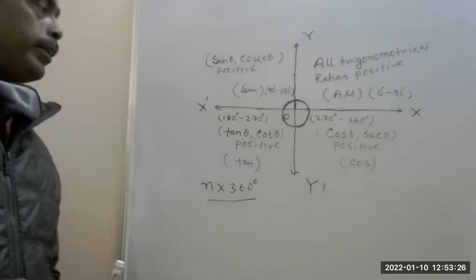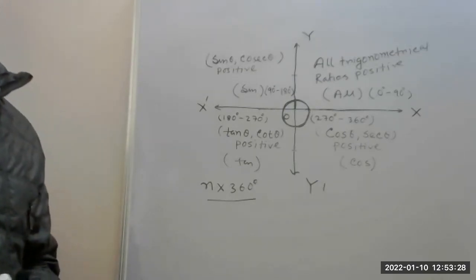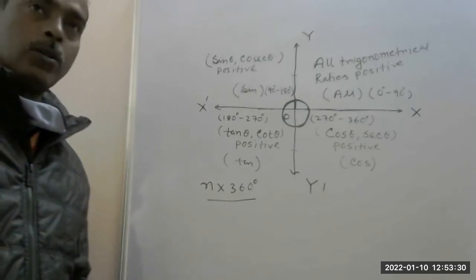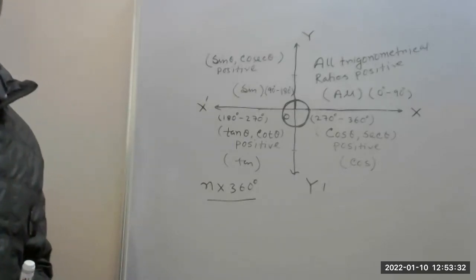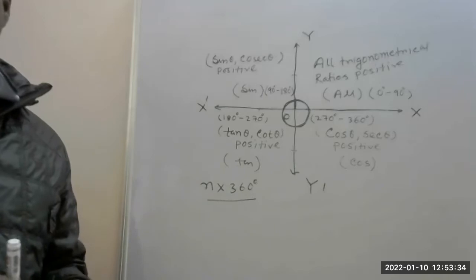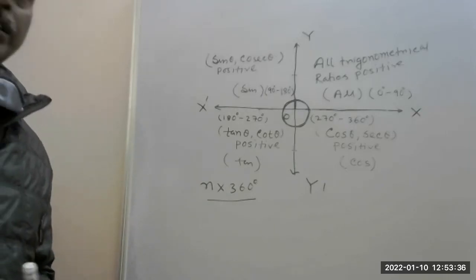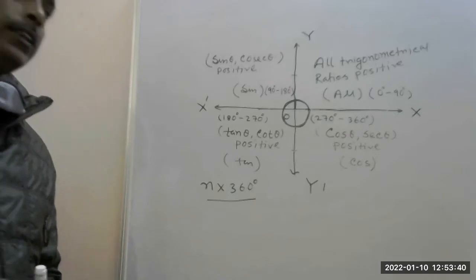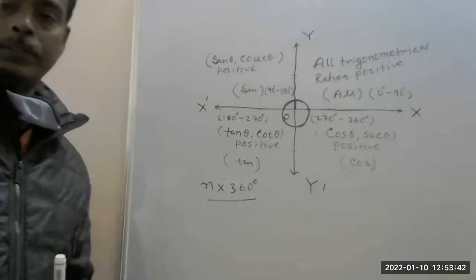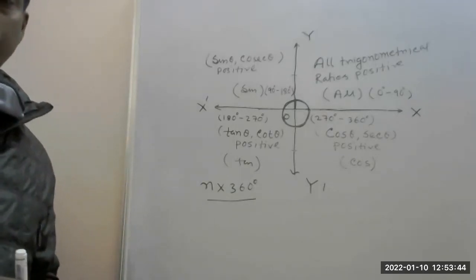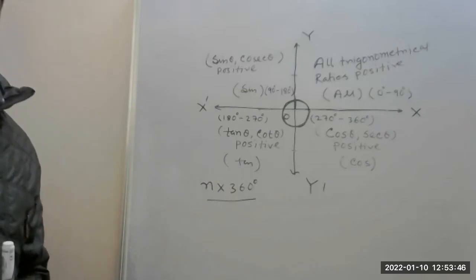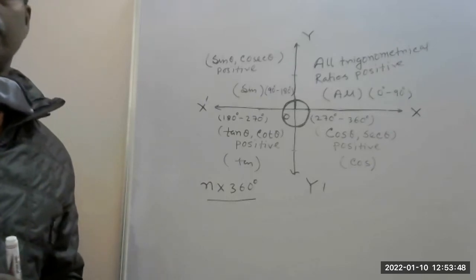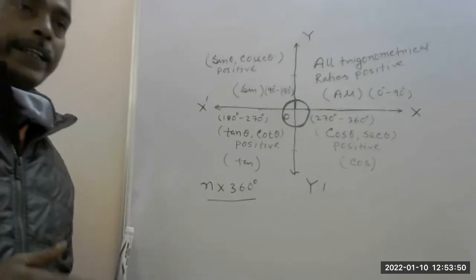When the ray rotates clockwise, then the angle formed is called the negative angle. When it is anti-clockwise, then it is taken as positive angle. Is it clear? What is the fundamental thing that differs between general geometry and trigonometry?